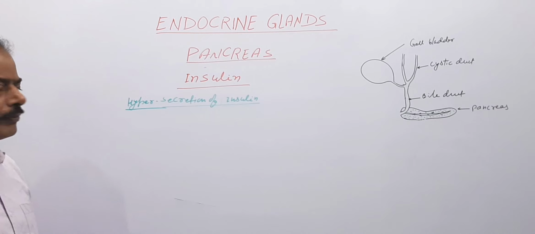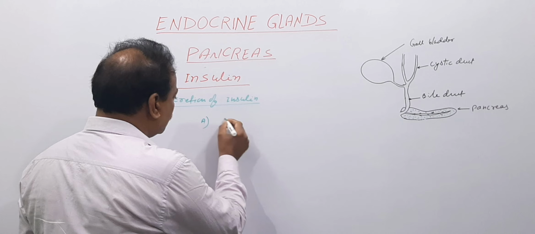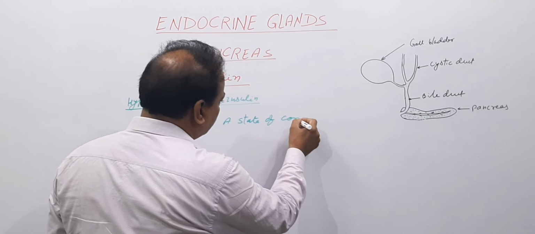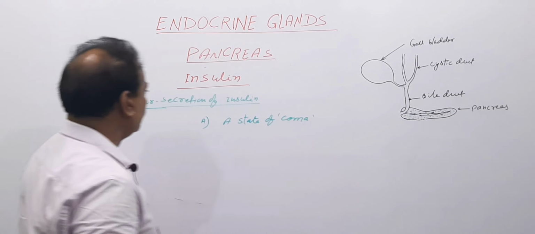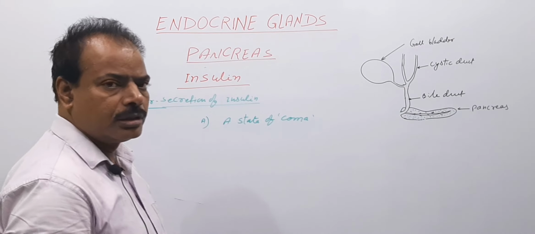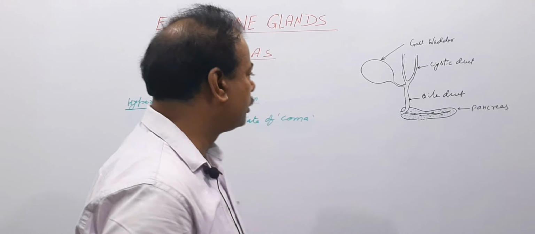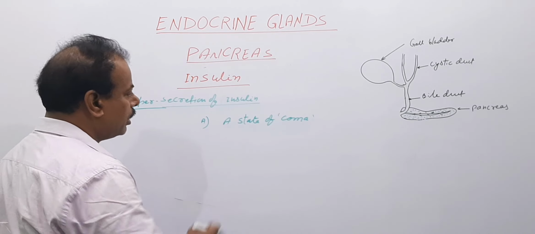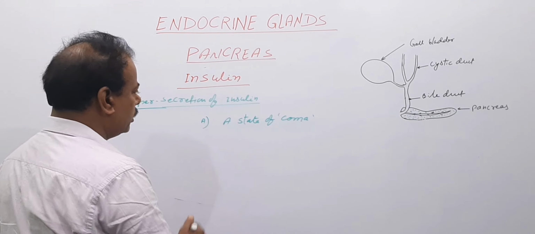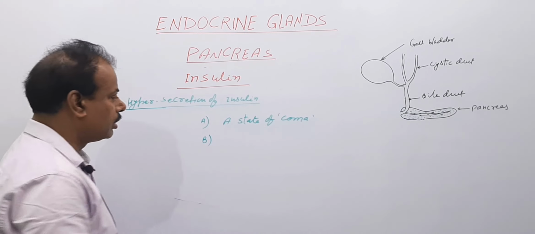Hypersecretion of insulin may cause a state of coma. Hypersecretion of insulin causes hypoglycemia, and due to hypoglycemia the person can go into a state of coma. He or she can be unconscious.